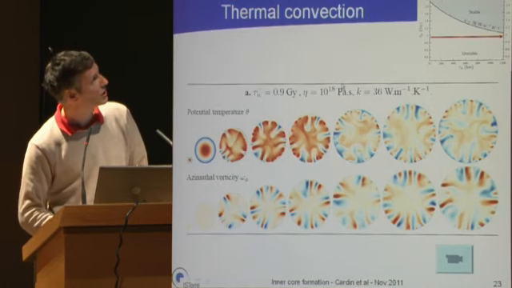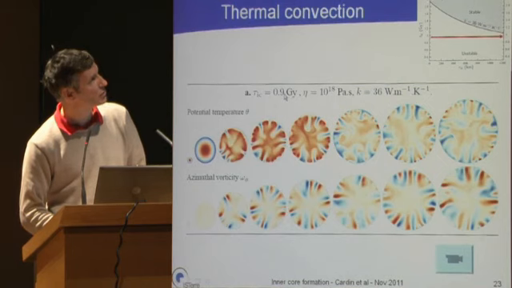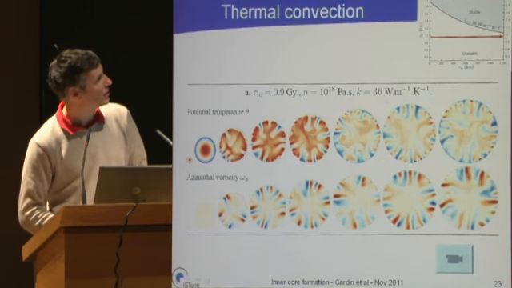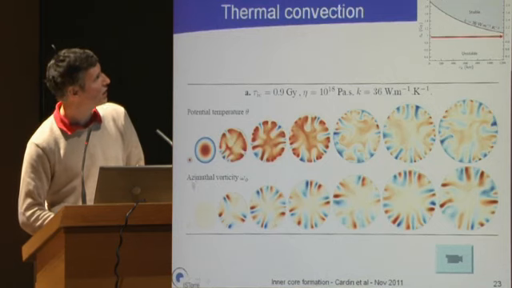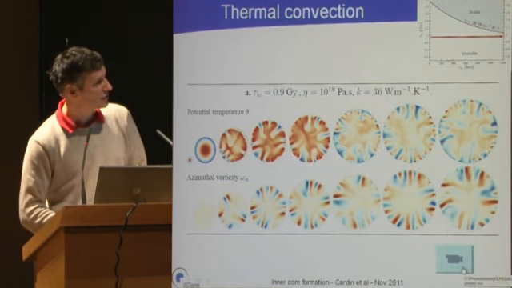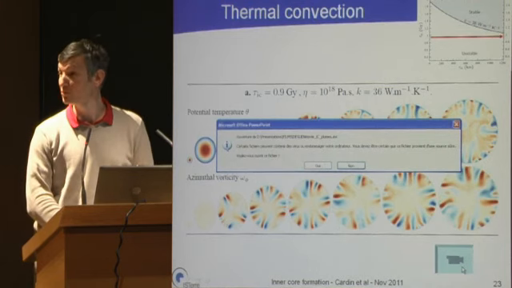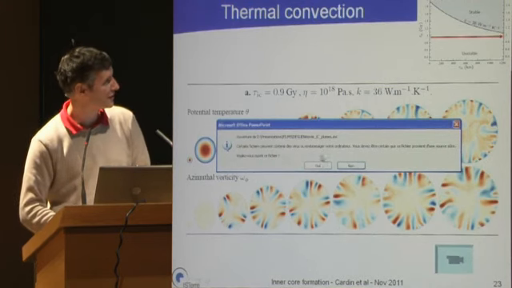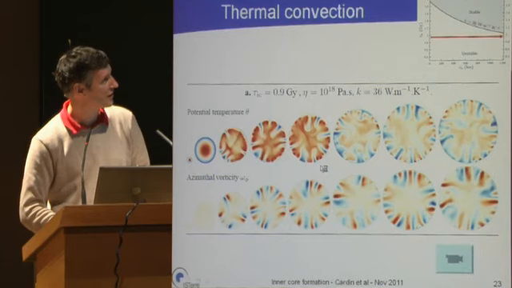We are looking at an inner core of 900 million years with a viscosity of 10 to the 18 pascal second for this conductivity. You have the potential temperature, and here the azimuthal vorticity. And you have time: the beginning of the inner core history, and today. So I have a movie. We didn't see many movies today, so it's a good way to finish it.